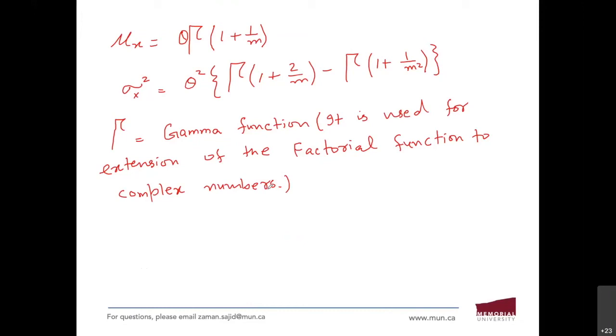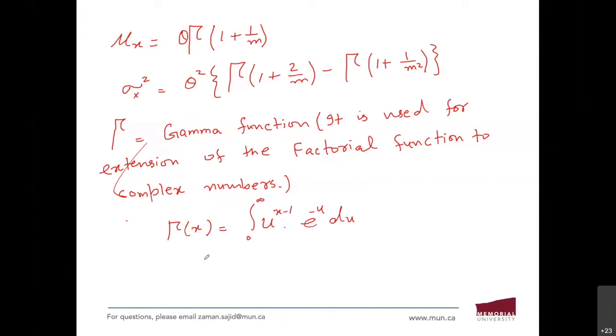Gamma function is used for extension of the factorial function to complex numbers. Gamma of x is equal to the integral from 0 to infinity of u to the power x minus 1 times exponential of minus u du.